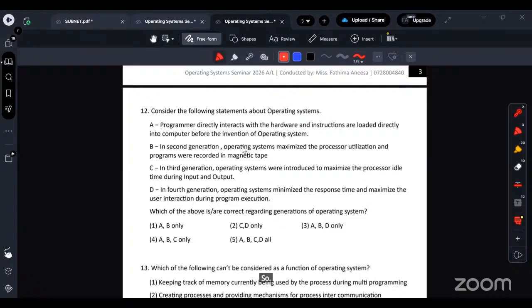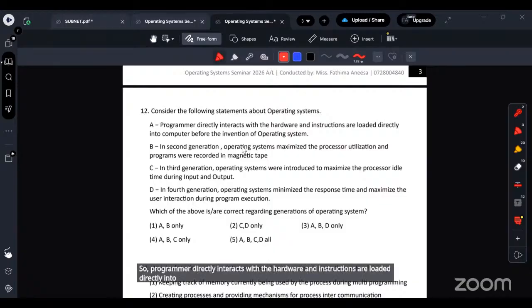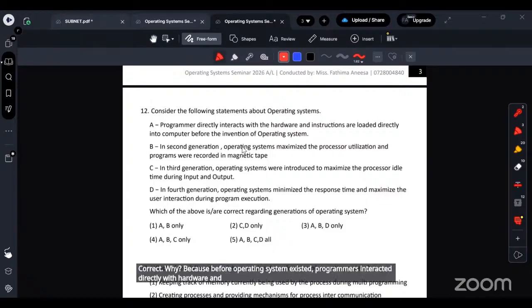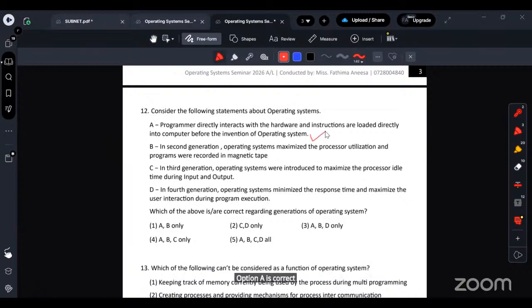Programmer directly interacts with the hardware and instructions are loaded directly into the computer before the invention of operating systems. The answer is correct. Why? Because before operating systems existed, programmers interacted directly with hardware and loaded instructions manually. Option A is correct.